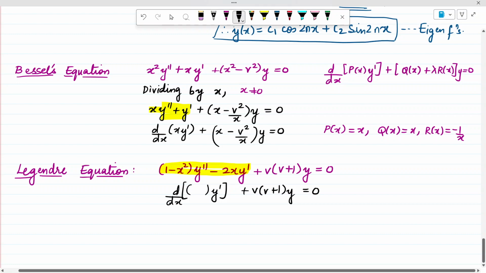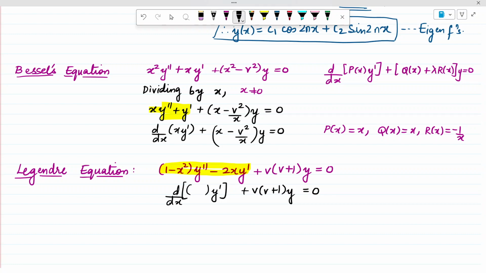What will come in the bracket? 1 minus x square, very good, because the derivative of 1 minus x square is minus 2x.